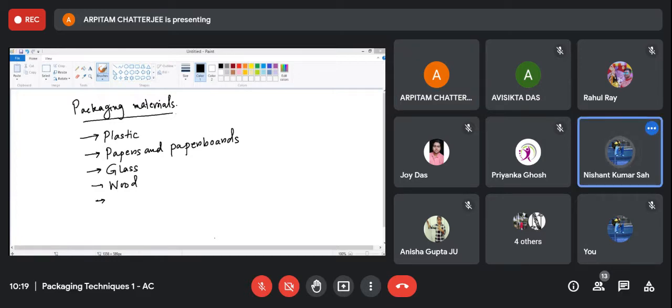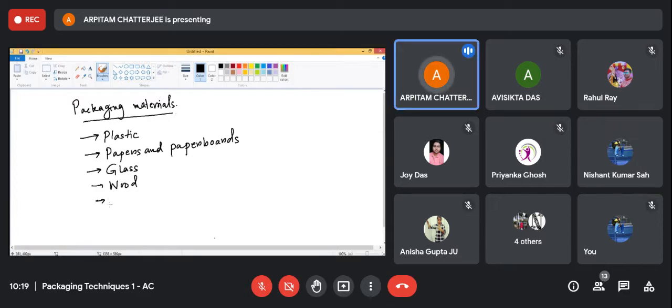Sir, aluminum. Yeah, we can have different metals, not only aluminum, we can have others also. Anything else? Okay. We can have textiles also. There are different textiles that are commonly used in packaging.